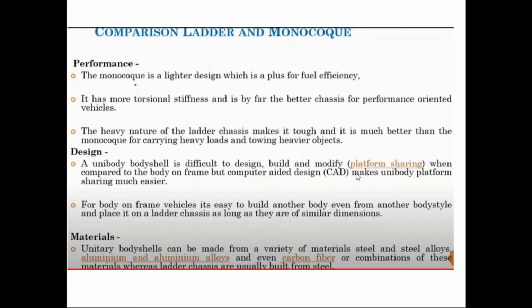So its thickness and size increases, and due to that, the weight of the vehicle also increases. So that's why this ladder nowadays is preferred only for heavy duty vehicles. And the first advantage of the monocoque, that is performance related to weight, so lighter frames can be manufactured. If you go with the Audi manufacturer, they prefer an aluminum type of frame.